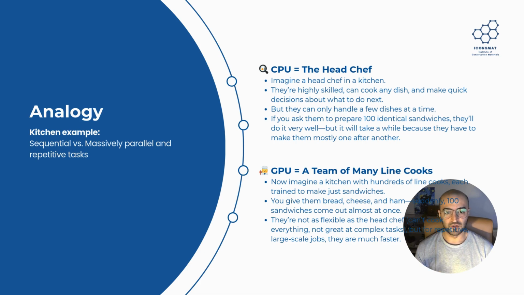A CPU may take longer to answer all of the 100 requests because it might not be suited to address 100 requests at the same time. But if you ask a GPU to make pizza as well, then the GPU might fail, whereas the CPU will still be up and running even when making a pizza rather than just a sandwich.